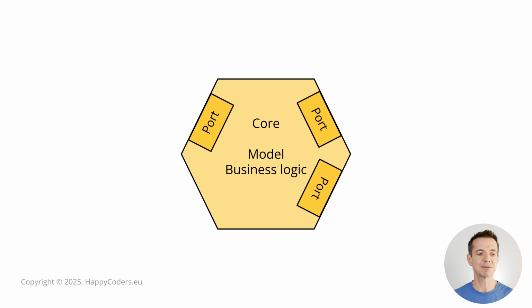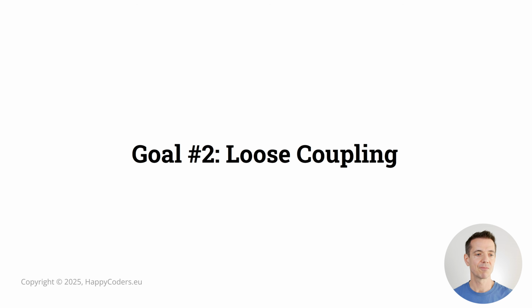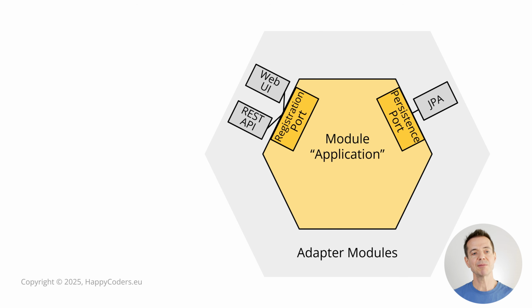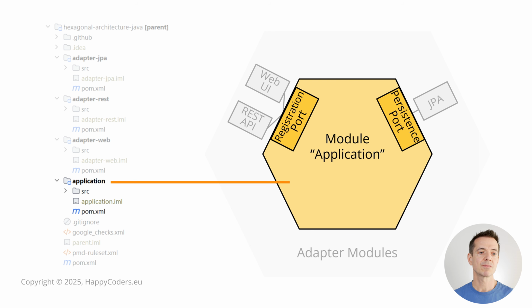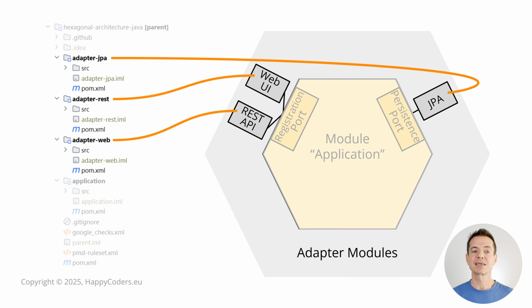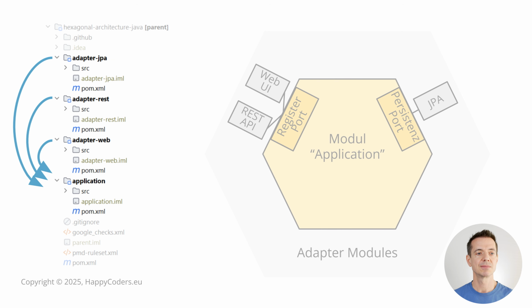Let's move on to the second point, loose coupling. We achieve loose coupling first of all quite clearly through ports and adapters. And secondly, by splitting the components into separate modules such as Maven modules. Business-related topics are implemented exclusively in the application module, and all technical topics are implemented in one or more adapter modules.